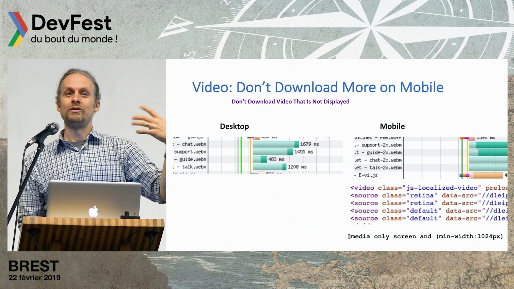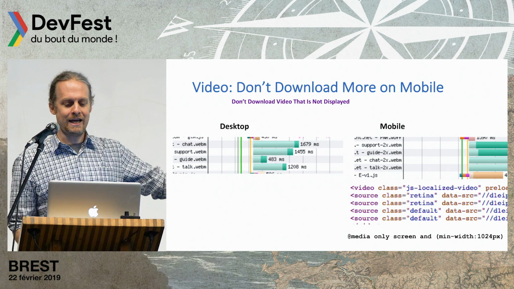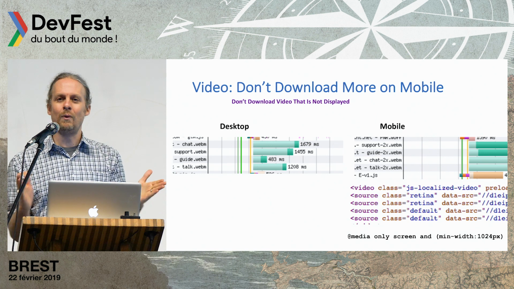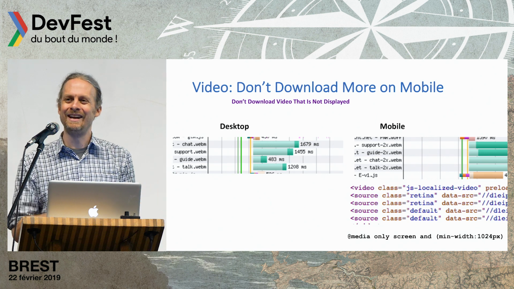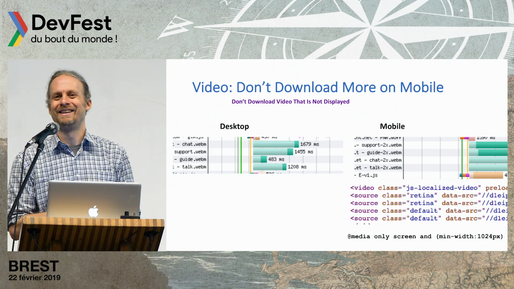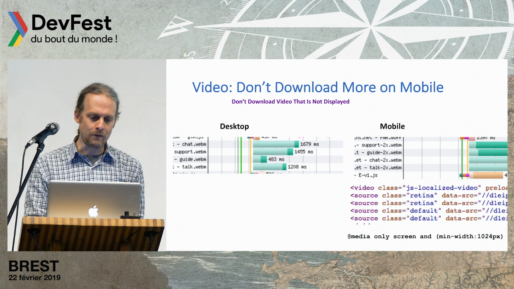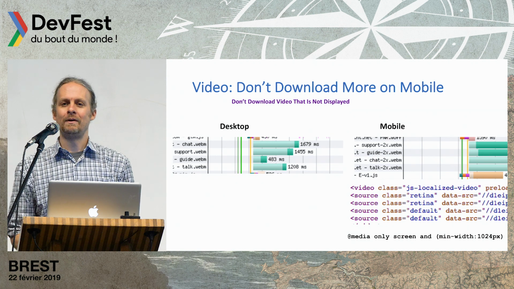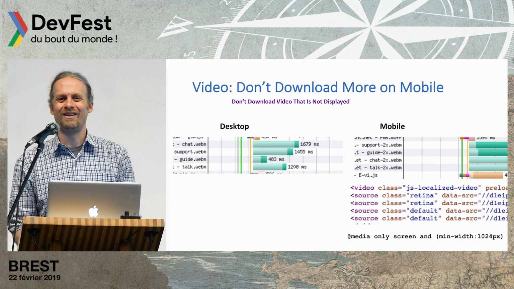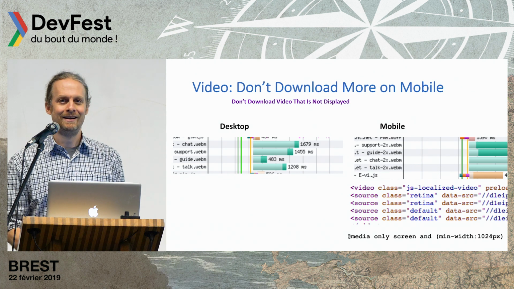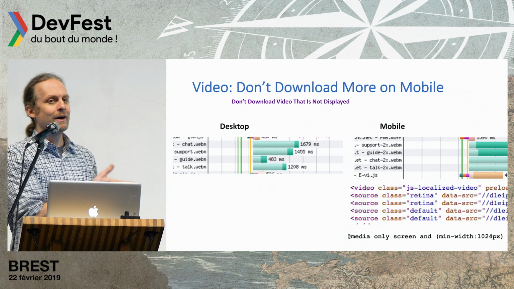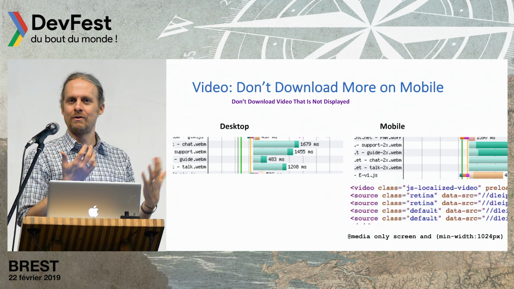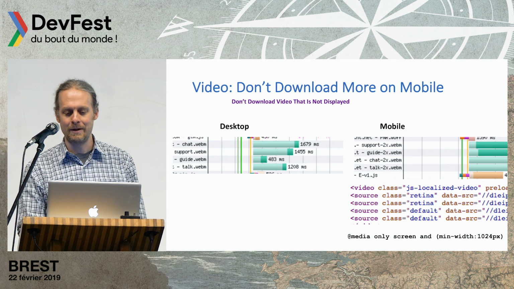So the videos are downloaded, but they actually hid the videos for screens with a width under 1024 pixels wide. The video never showed up on the screen. So if the video isn't going to show up on the screen, we probably shouldn't download it onto the mobile device. Again, it's only 500K, so I guess it's only €5 when I'm in Russia, but still, it's still money.